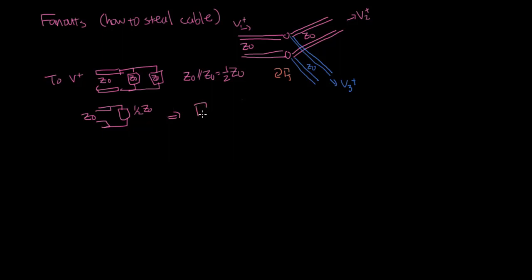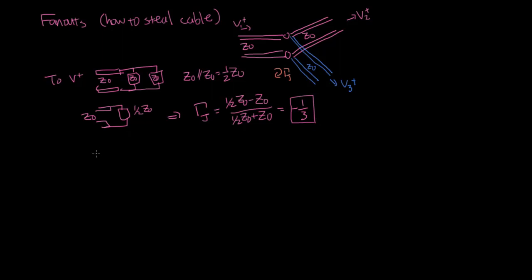And so the reflection coefficient at the junction is going to be equal to new, which is 1/2 Z0, minus old, which is Z0, over 1/2 Z0 plus Z0. All the Z0s cancel out, and you're going to find that it's equal to -1/3.